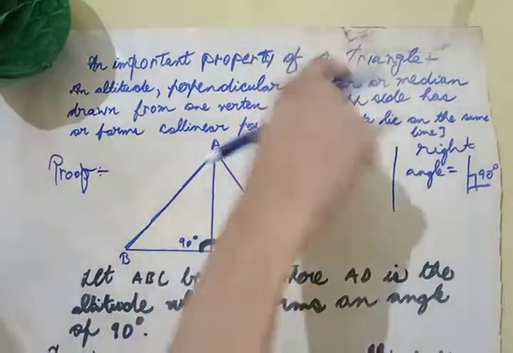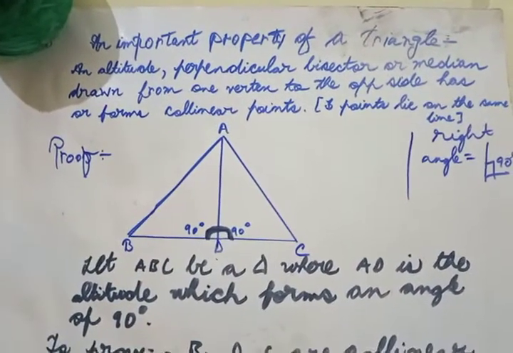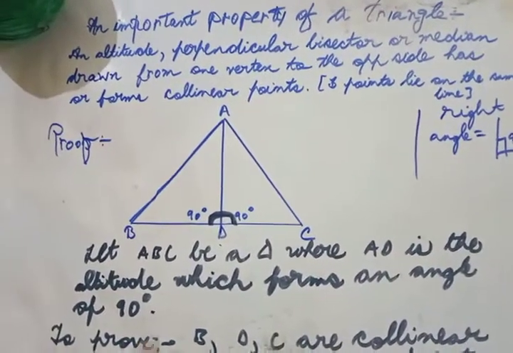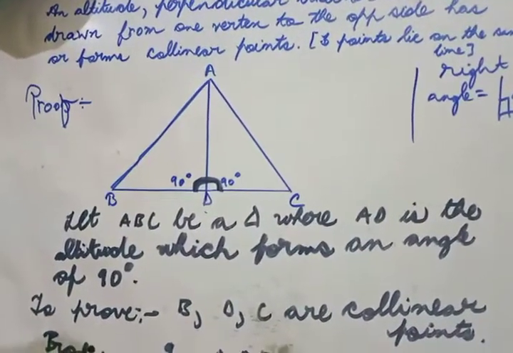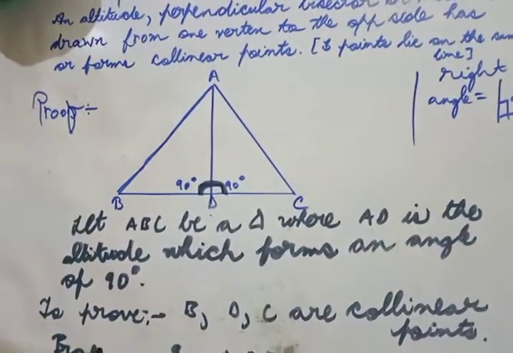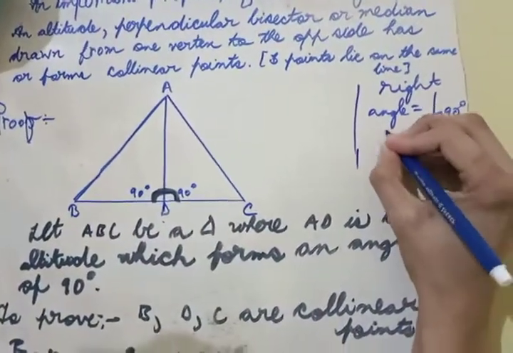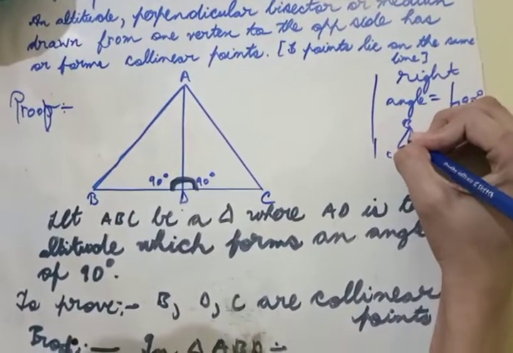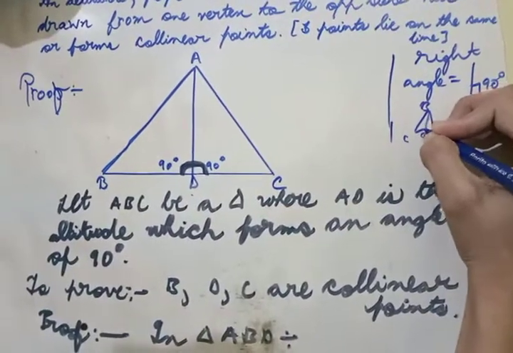In the same way, perpendicular bisector has a different property from altitude. It can be similar, but a perpendicular bisector is a straight line which divides the opposite side. For example, if I draw here a triangle BCD, now I am drawing one perpendicular bisector here, naming it BO.